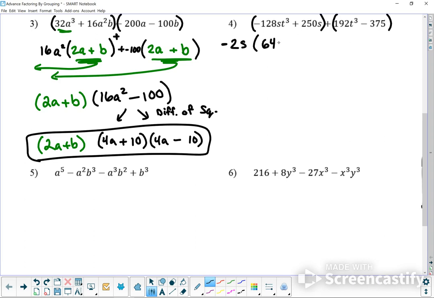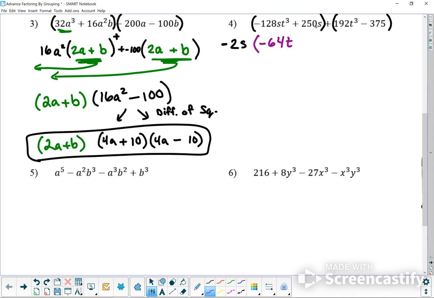And I'm taking out the s, so I will have t to the third left. Oh, let me put that in purple. So I will have a negative 64, and I will have a t left over.